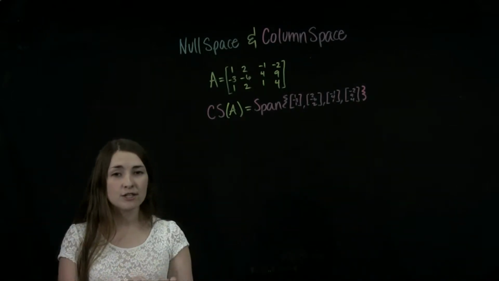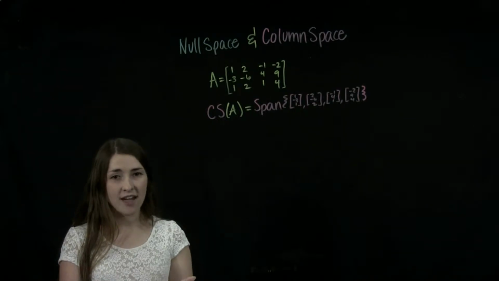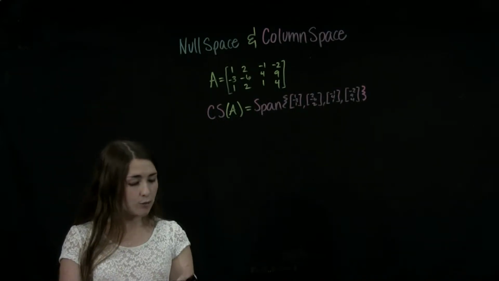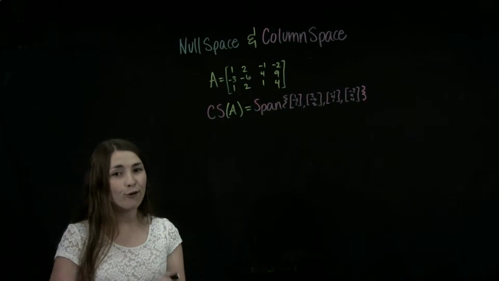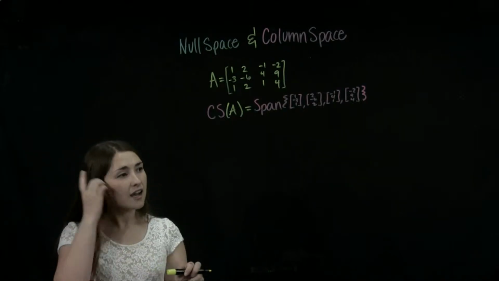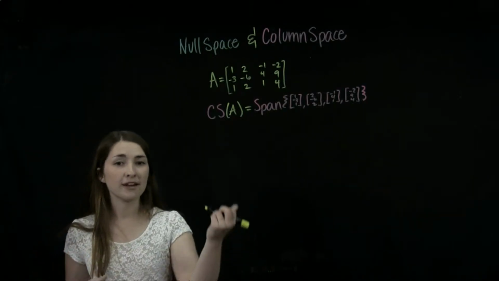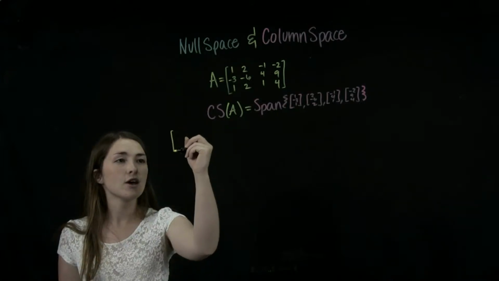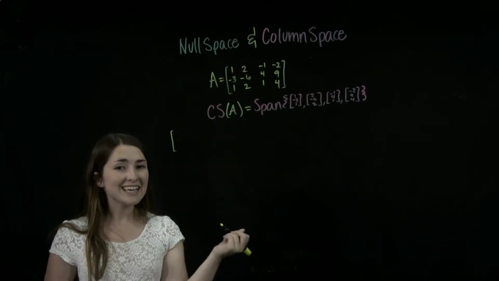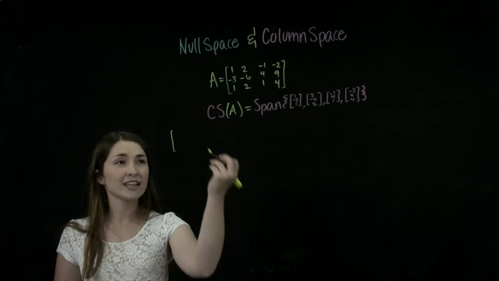So what we're going to do is we're going to take the columns of A and we're going to put it into row echelon form and see if they are linearly independent. So once again, we're going to be augmenting it with the zero matrix to see if it is linearly independent.